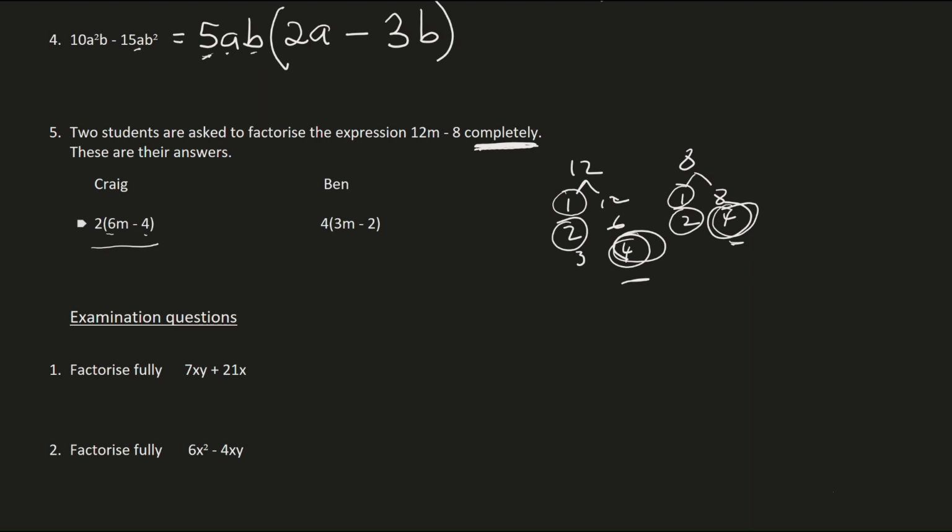Now this tells us that Ben's answer is correct because Ben has factorized out the highest common factor for 12 and 8, which is 4. And then the numbers in the bracket cannot be factorized further. So Ben has factorized 12m minus 8 completely.